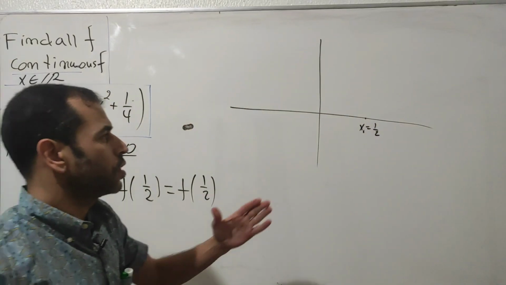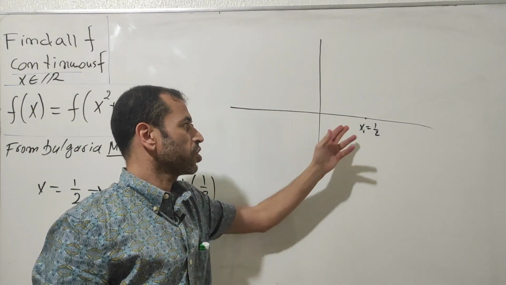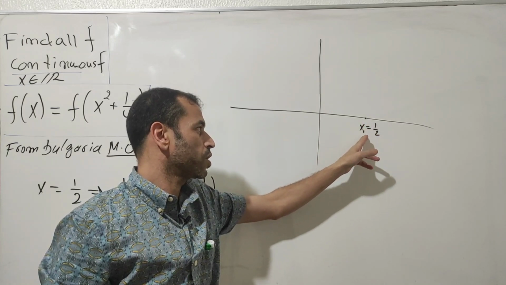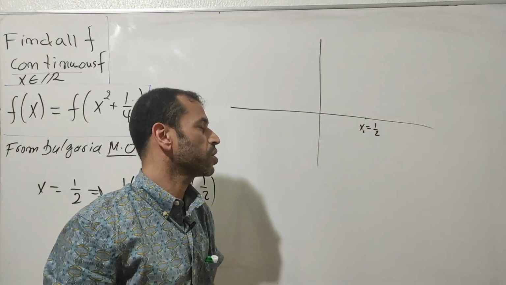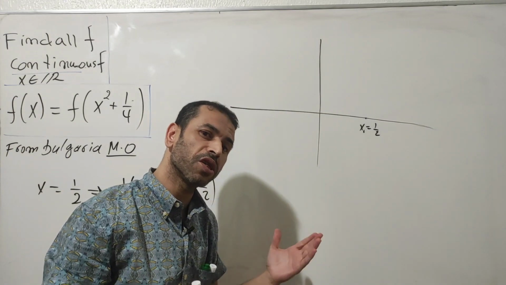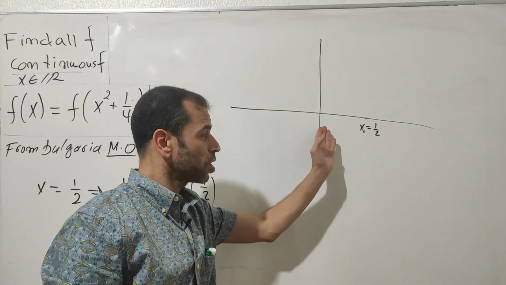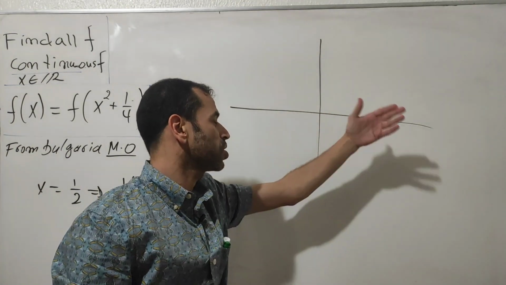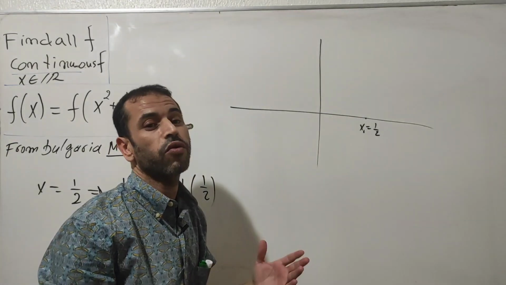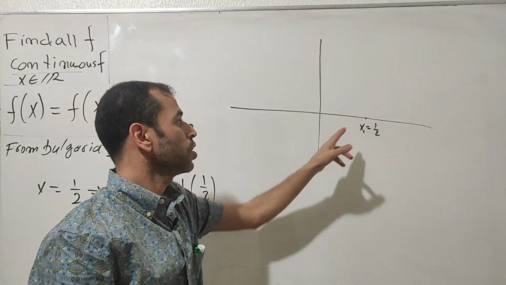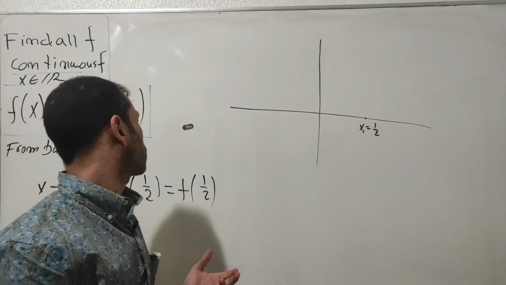So if this is symmetric at the point x0 equals half, it means this function is going to be increasing below this point and decreasing above it, or the inverse. So how are we going to know below this point whether the function is increasing?